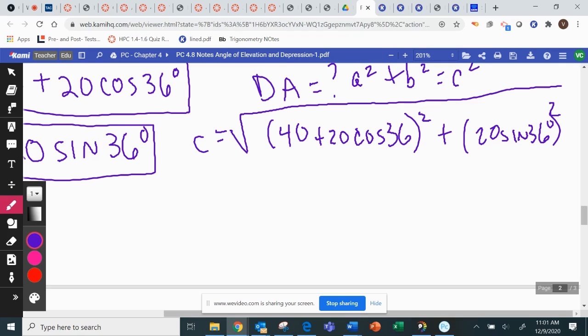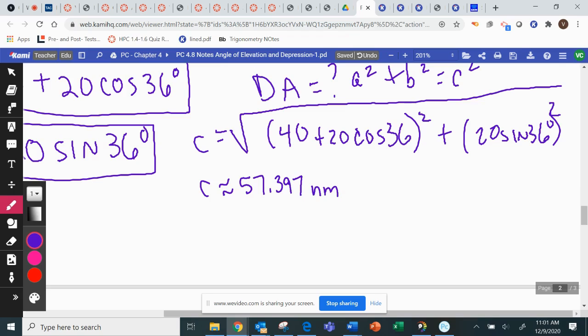And I would like all of you to try it so you can see if you're typing anything in wrong and know before you do your assignment that you're typing something in wrong. So when I typed mine in, I got about 57.397.